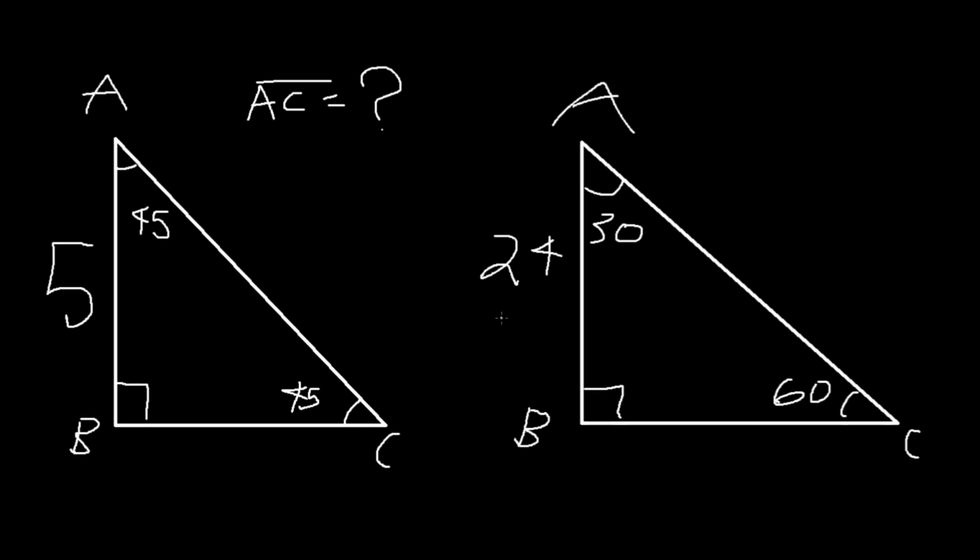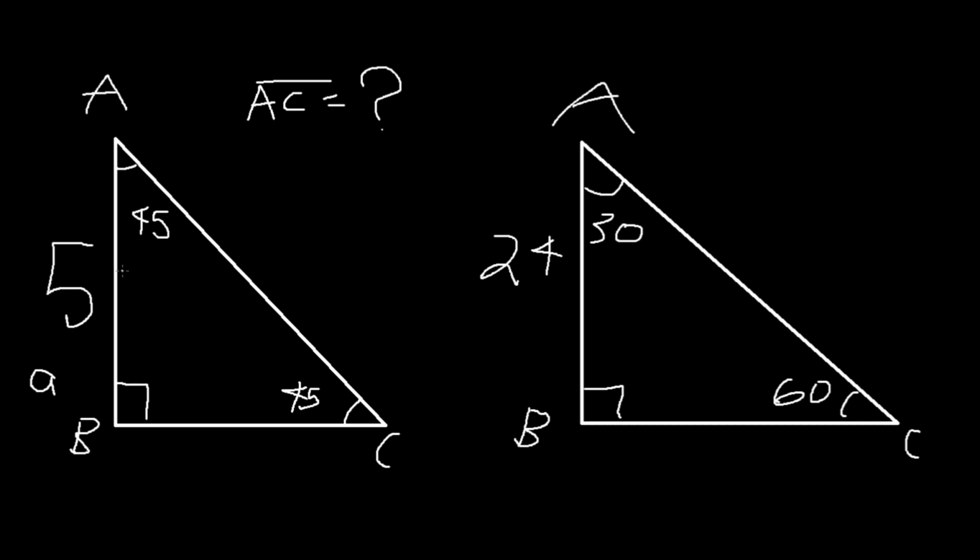Okay, now moving on to finding a side using our special right triangle ratios. So first, on our left side, we have a 45, 45, 90 triangle. Now, we know what the ratios are. This side is equal to a, this side is equal to a, and this side is equal to a radical 2. We are asked to find side AC, and we are already given side AB. Side AB is equal to 5.